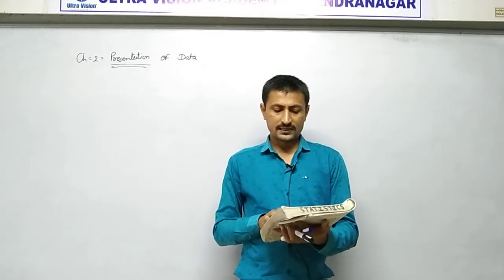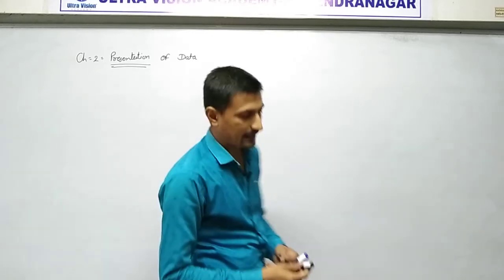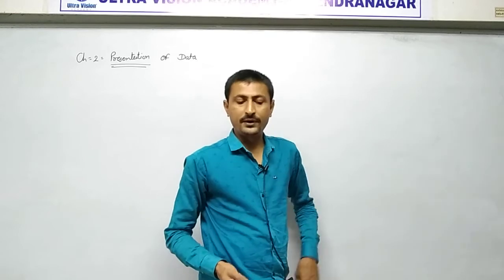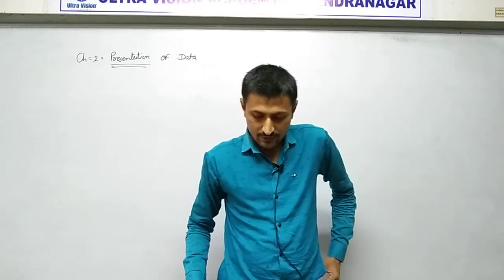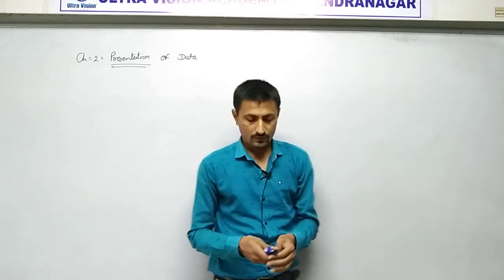From this raw data it is clear that on 3 days the demand of the commodity is 8 units, on 1 day the demand is 10 units, on 2 days the demand is 12 units, and on 1 day the demand is 16 units.